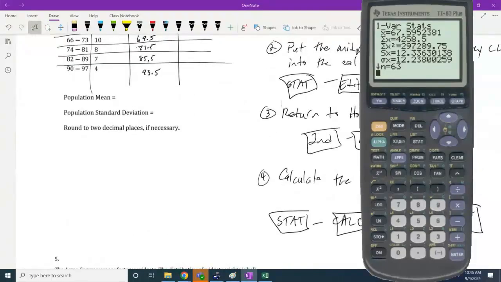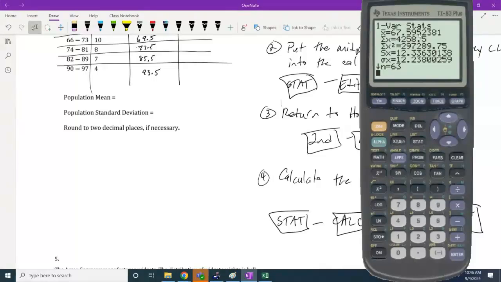What is the population mean? It should be 67.6. They say round to 2 decimal places. So in order to round to 2 decimal places, I'm going to look 2 places after the decimal, which is the 9.